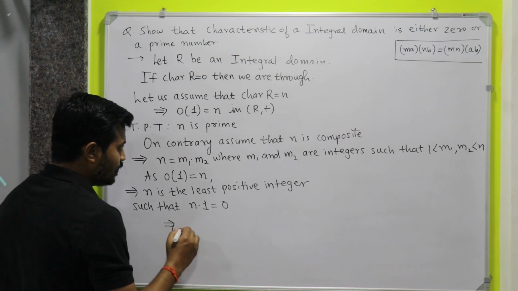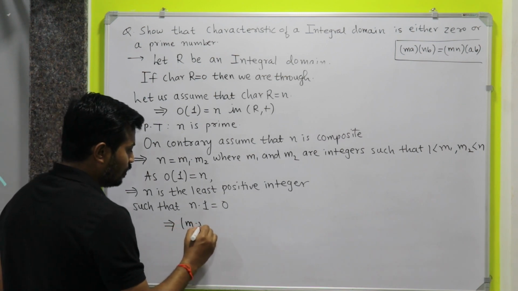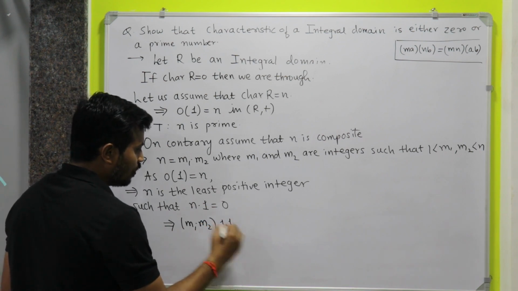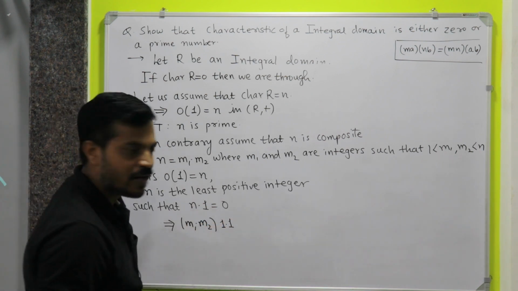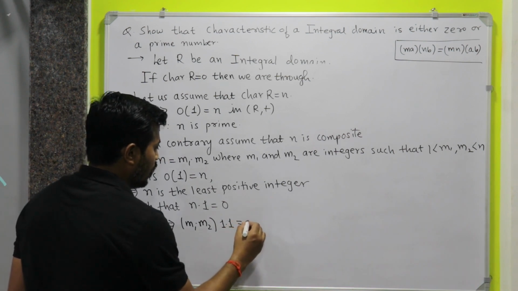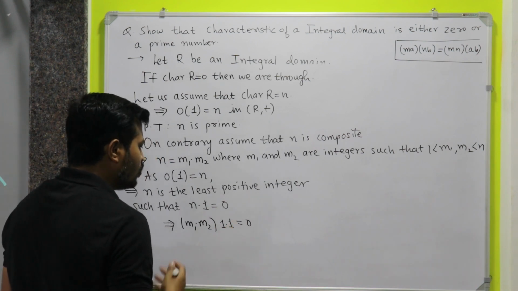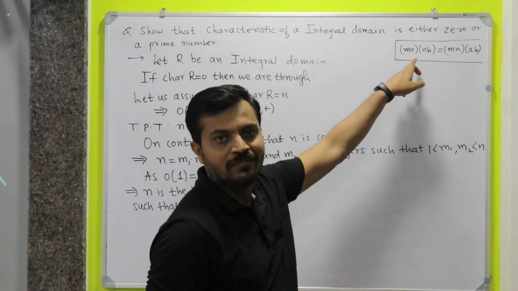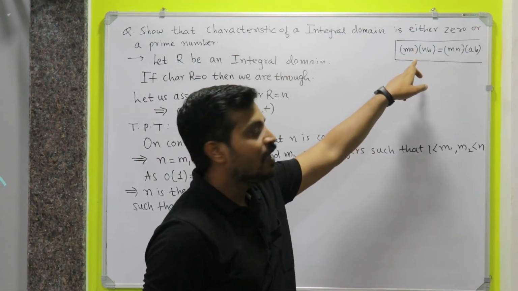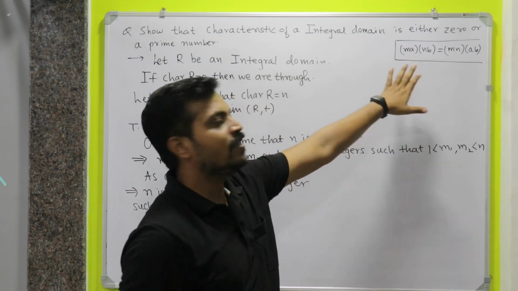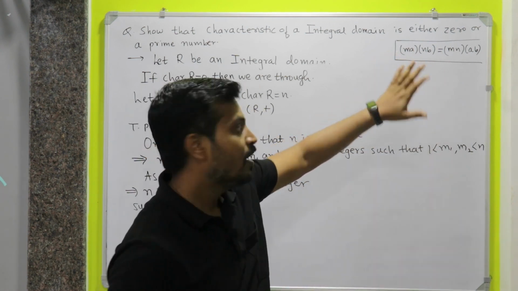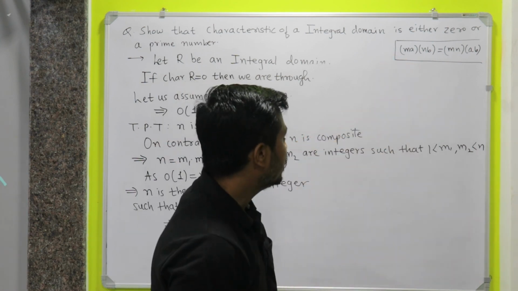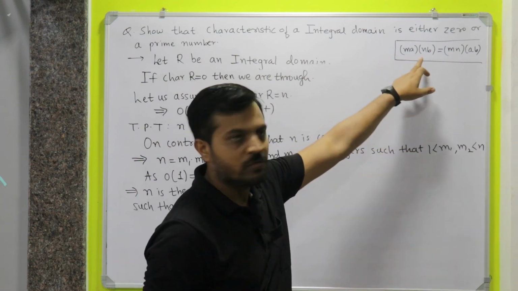So this implies m1 multiplied by m2, and how can you write this 1? 1 is unity, right? So you can always write it as 1 multiplied by 1. But the question is why? Because we have to use this result. So what does the result say? In a ring R, for any choice of integers m and n, and for any choice of elements a and b in the ring R, this result holds.